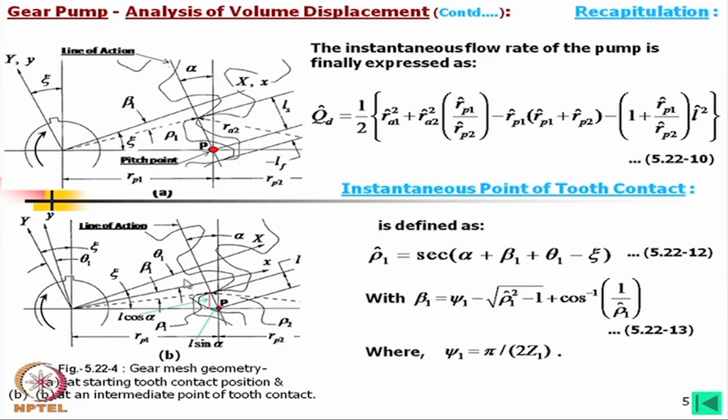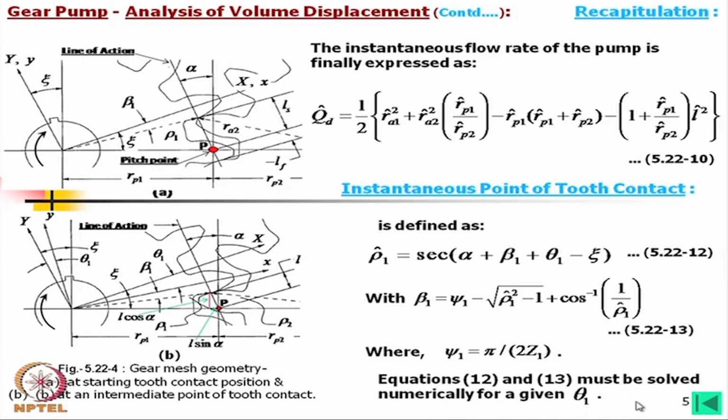Okay. So, possibly this angle psi 1 is defined here, no, not defined, but just consider this angle is calculated from the relation of the teeth number only. Then equations 12 and 13 must be solved numerically for a given theta 1.